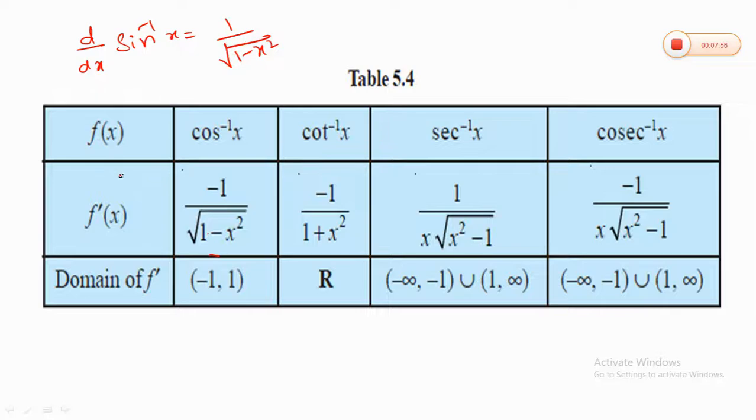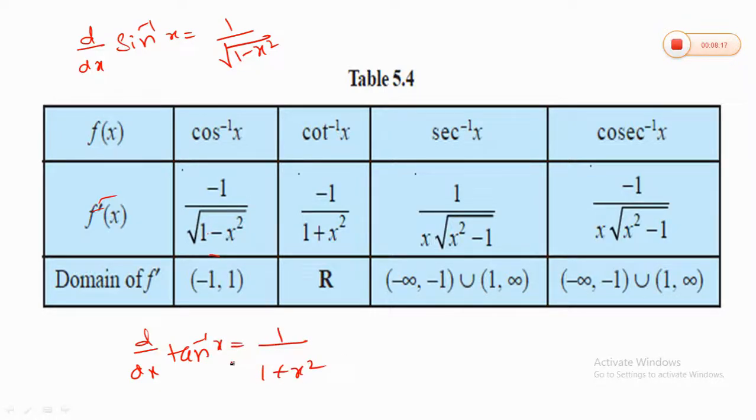Similarly, derivative of cos inverse x is the same with a minus sign, and d by dx of tan inverse x equal to 1 upon 1 plus x square.